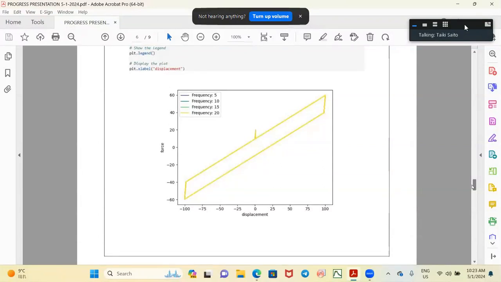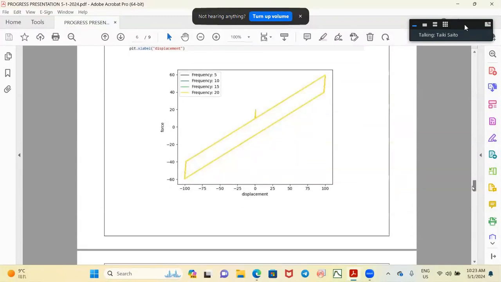Okay. I will show my computer. Oh, I don't have an editor. Wait a moment. Oh, okay.